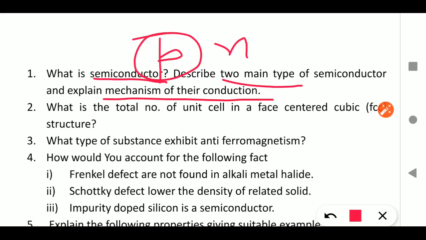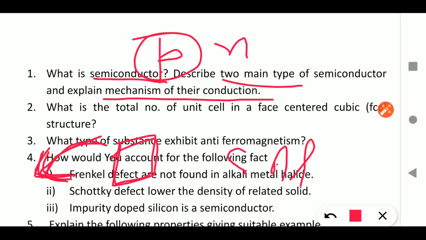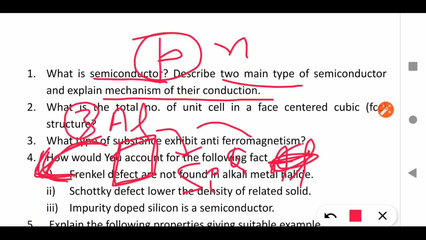You will say: on adding an impurity of an element from the previous group, having a lesser number of valence electrons, to that element. For example, I am taking silicon. If I introduce an impurity of aluminium, aluminium has 3 valence electrons and silicon has 4 valence electrons, so there is one vacancy, one hole for an electron.